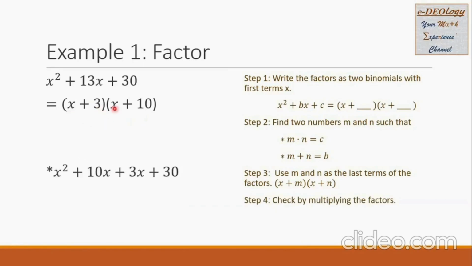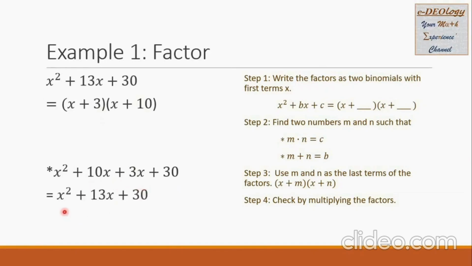So x times x will give me x squared. x times 10 will be 10x. 3 times x is 3x. 3 times 10 is 30. In the middle terms, the 10x and the 3x, we can combine them.